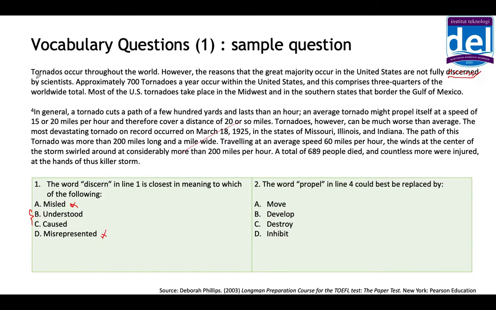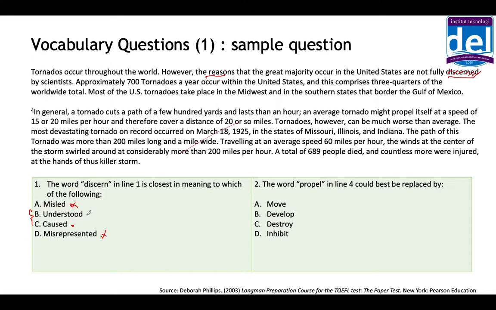Again, we can read from this sentence, tornadoes occur throughout the world. However, the reasons that the great majority occur in the United States are not fully blank, are not fully caused by scientists. It seems that this sentence doesn't make sense if we choose the word caused.